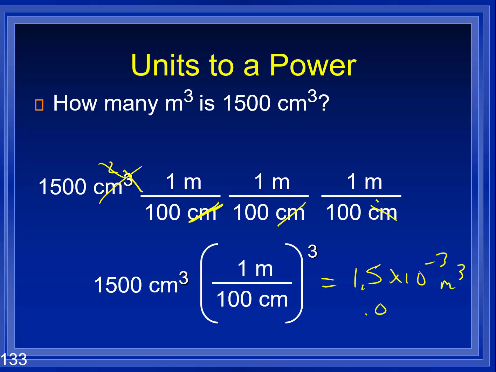Or if your calculator made it down, 0.0015. Does that make sense? That's how the math works. We're still doing the same thing. We got to get it to cancel out 3 times, so we cube everything.